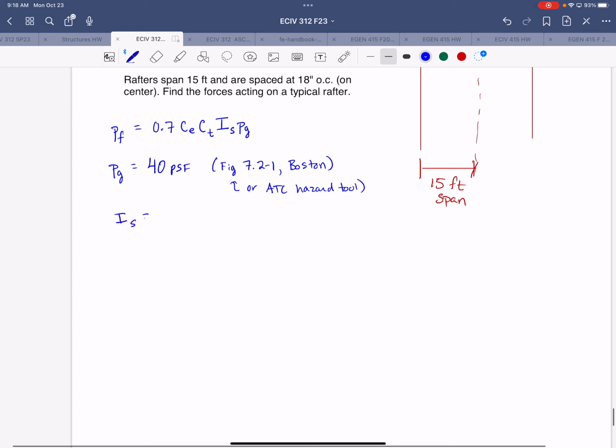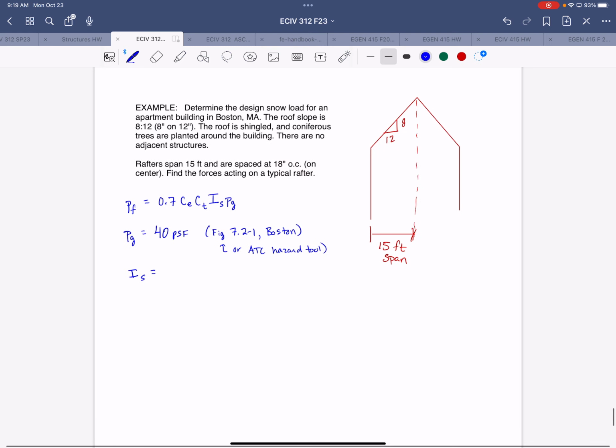The importance factor for snow, if you look at the table on the front page of the environmental loads handout, you can see that. We need to identify the risk category. What risk category would this structure fall into? What do you think? 2.